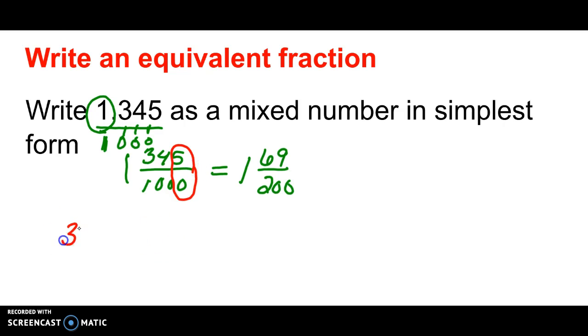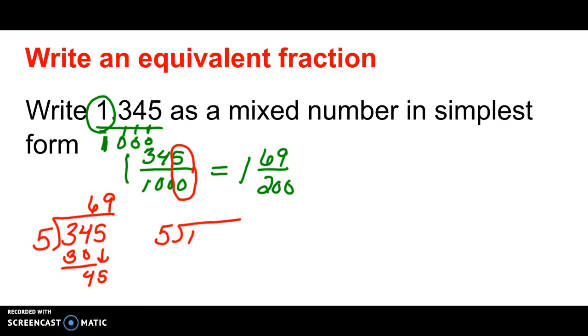So if I take 345 and I divide it by 5, 6 goes in, drop down the 5, and then 9 goes in. And same with 1,000. If I take 5 into 1,000, it goes in 2 and then 0 and then 0. So I get 69 over 200, and that's in simplest form.